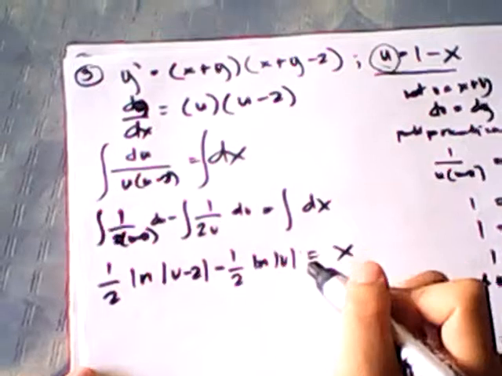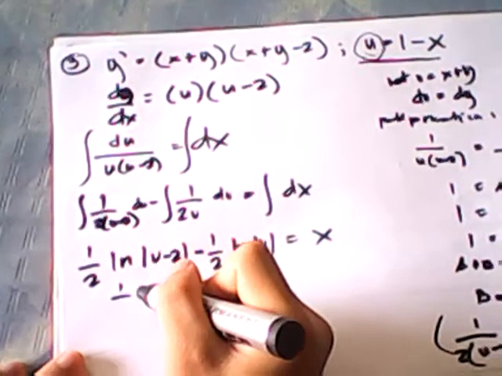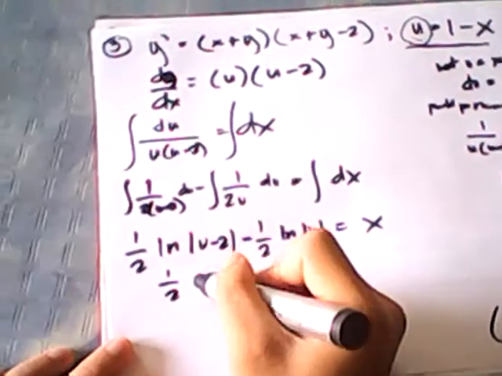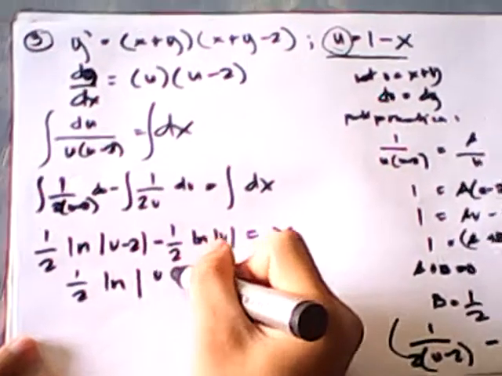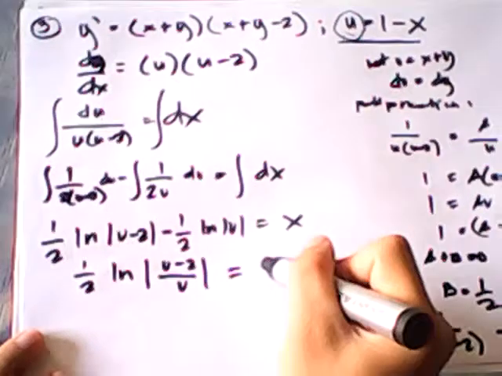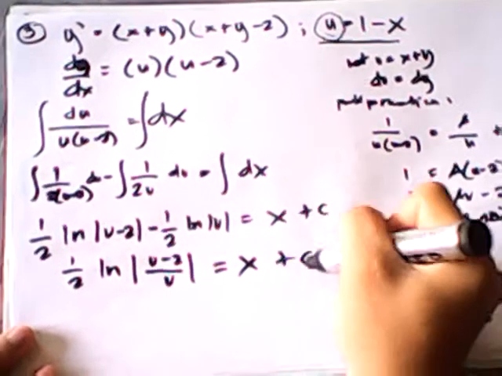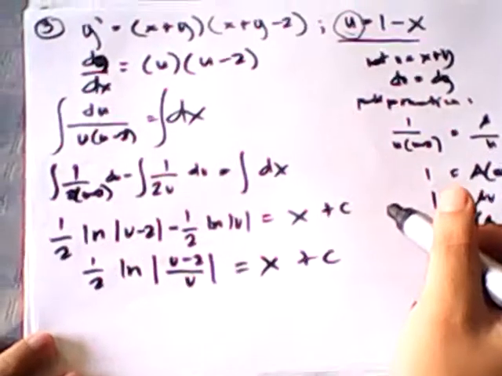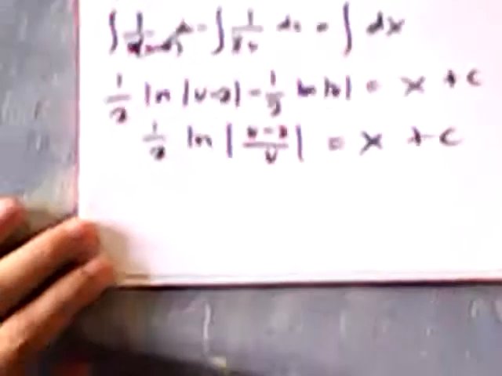We can manipulate it and we will get, by manipulating it, 1/2 ln of u minus 2 over u is equal to x plus c. Now we can say that this is the general equation, we can substitute u is equal to 1 minus x.